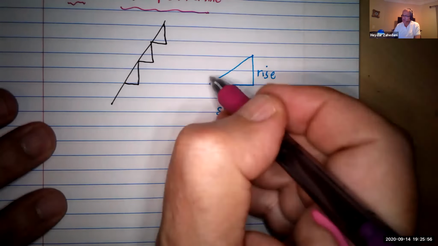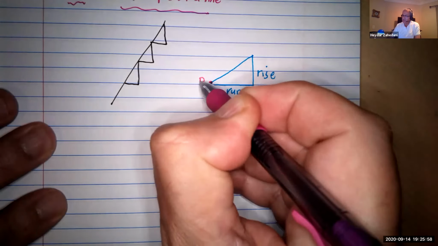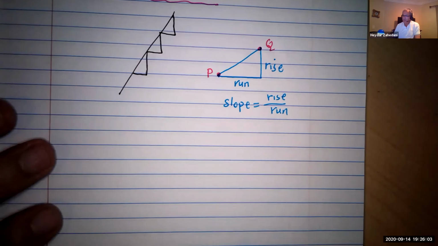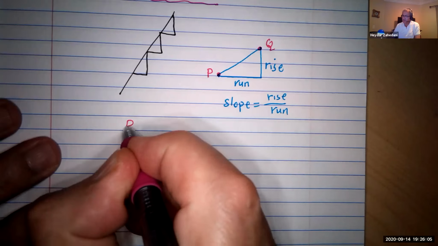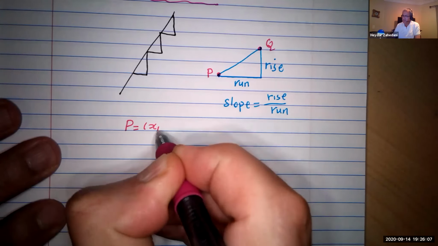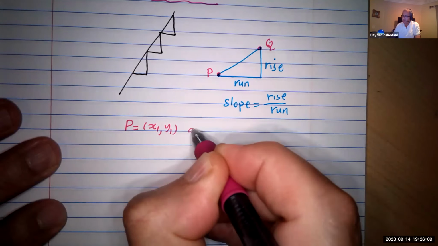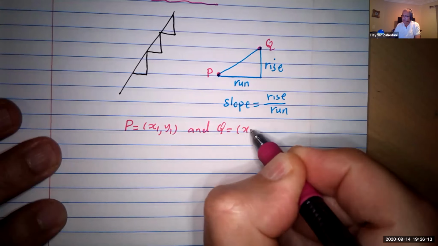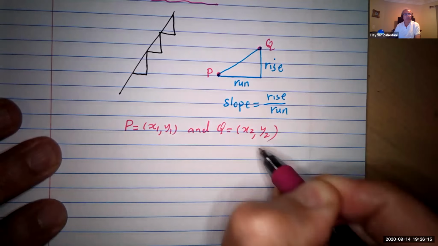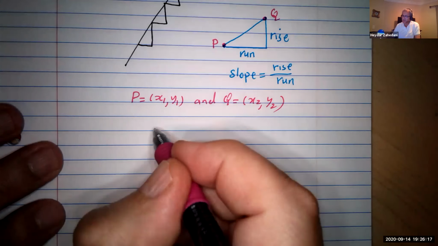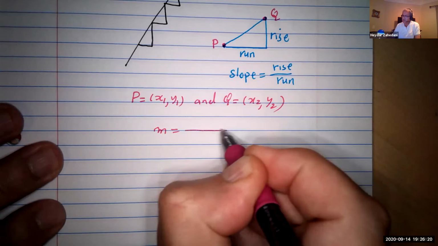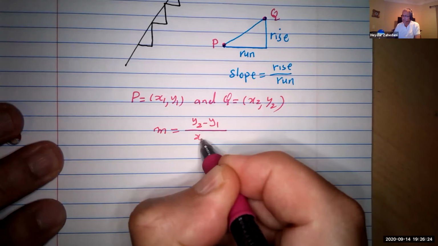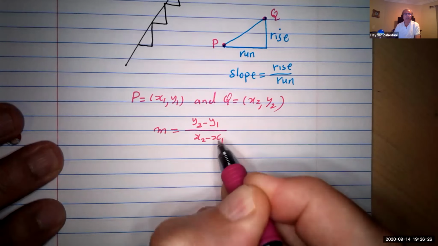But in order to do it, you have to go from the point P to the point Q. If the coordinates of P are x1 comma y1, and the coordinates of Q are x2 comma y2, then the slope m is equal to y2 minus y1 over x2 minus x1.